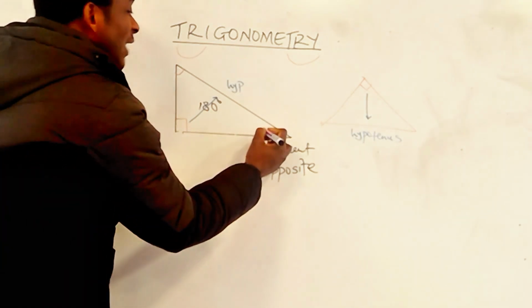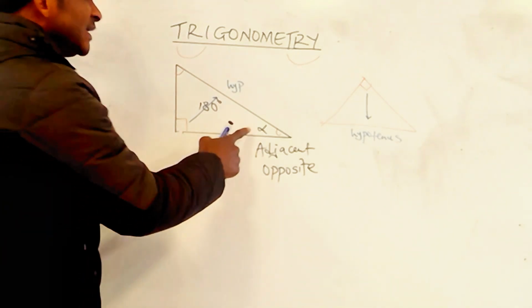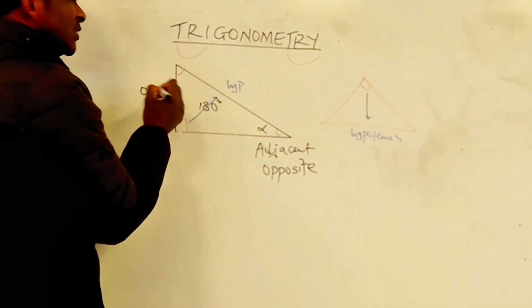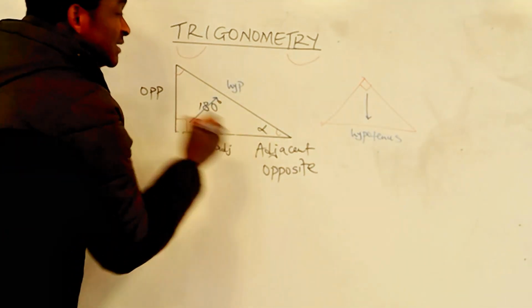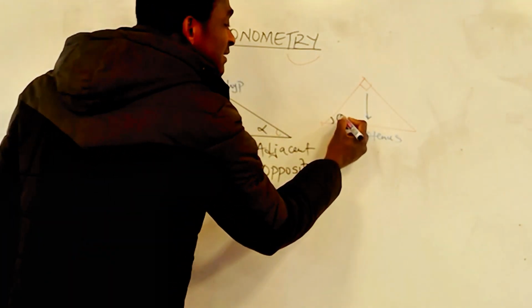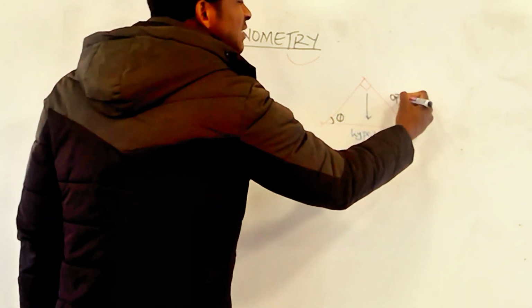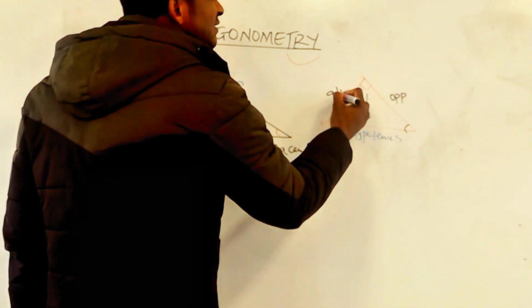For instance, if I want to get the angle alpha, then the side facing that angle becomes my opposite automatically, and the other side becomes my adjacent. If I'm dealing with angle theta, this becomes my opposite, and automatically the other side becomes my adjacent.